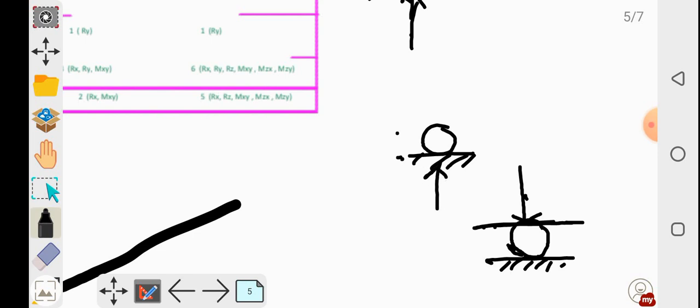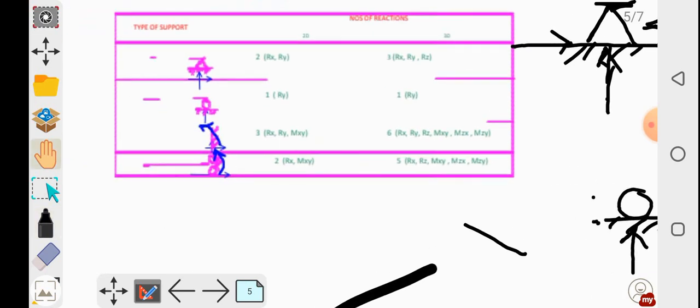There will be no reaction generated in the horizontal direction, because our roller support is allowing the movement in the horizontal direction. As I have mentioned here, in case of 3D there will be only one reaction, that is Ry, and in case of 2D also there will be only one reaction, that is Ry.